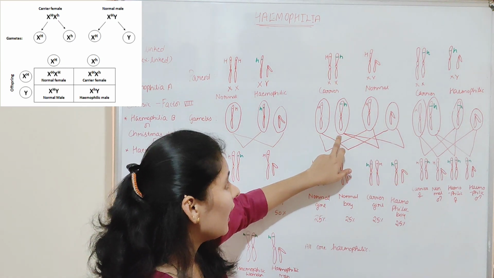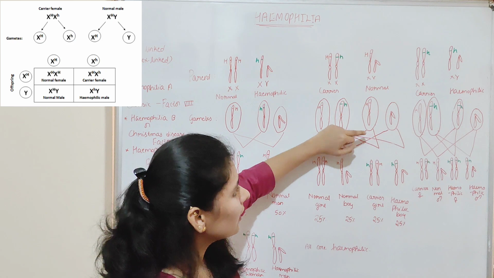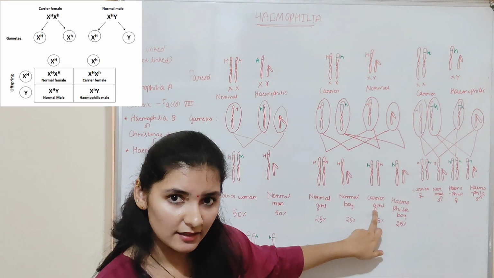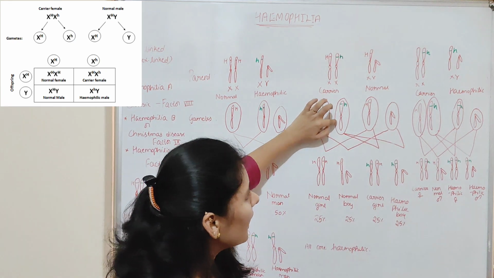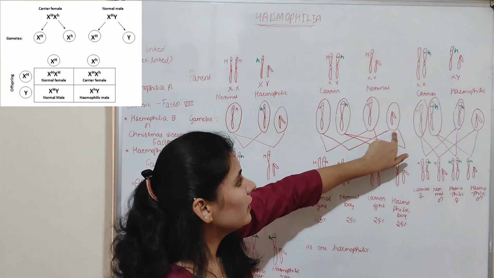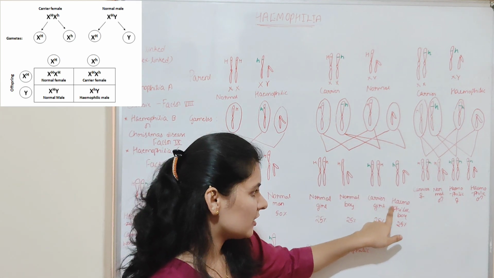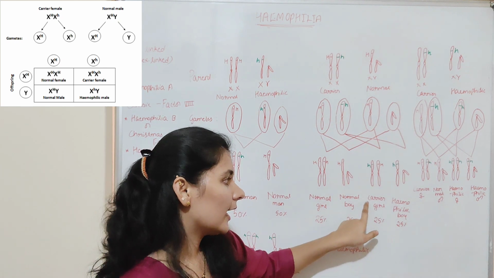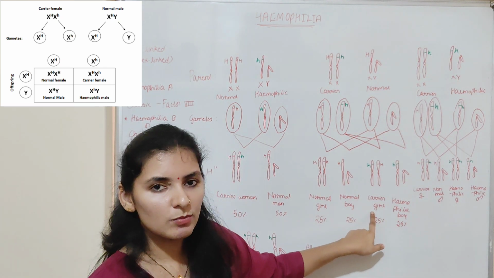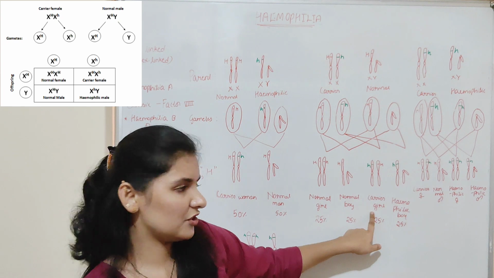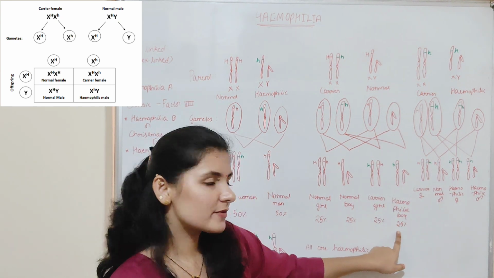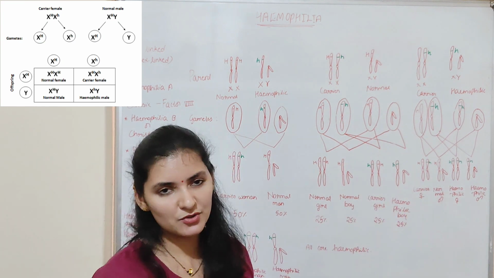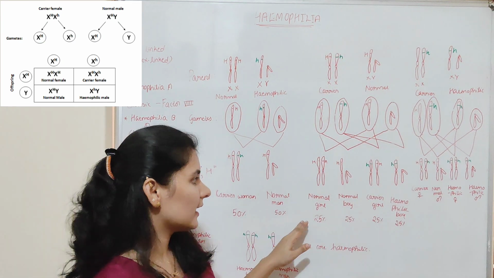When an egg having the abnormal gene fuses with a sperm carrying a normal X chromosome, it produces a carrier girl. On the other hand, when the egg carrying this abnormal gene fuses with the Y chromosome, it produces a hemophilic boy. So 25% of the offspring produced will be carrier girls, in which she is normal but she carries that abnormal gene to the next generation, whereas 25% of the offspring produced will be hemophilic boys. In this, he shows the symptoms of hemophilia. So that is the second condition.